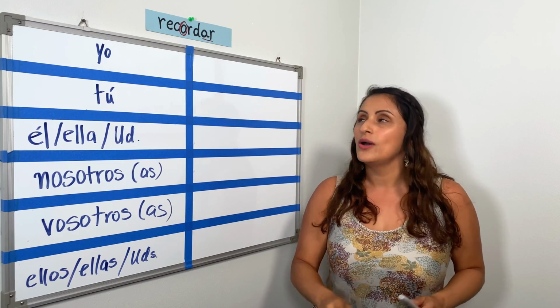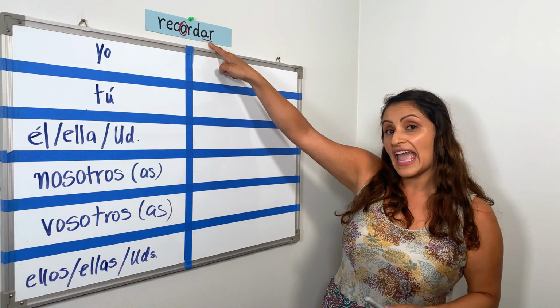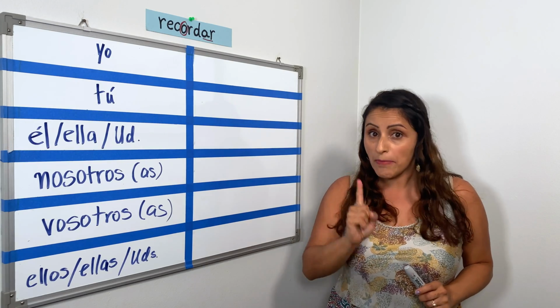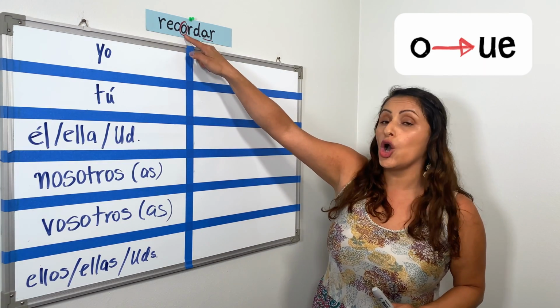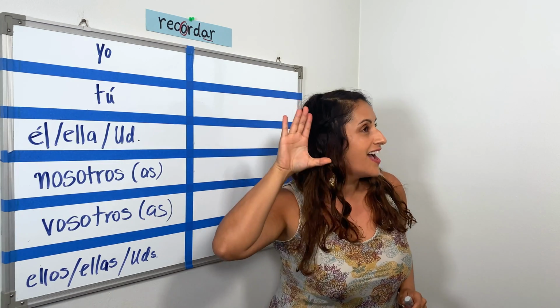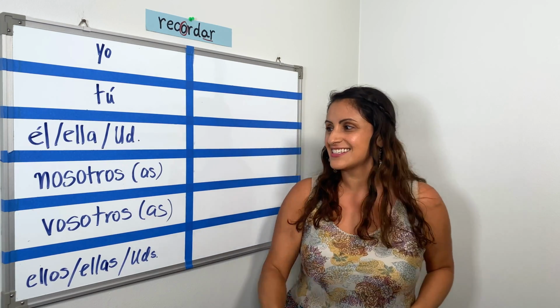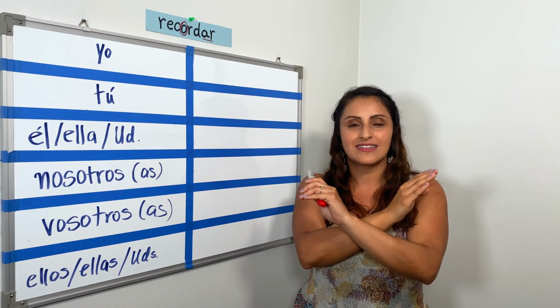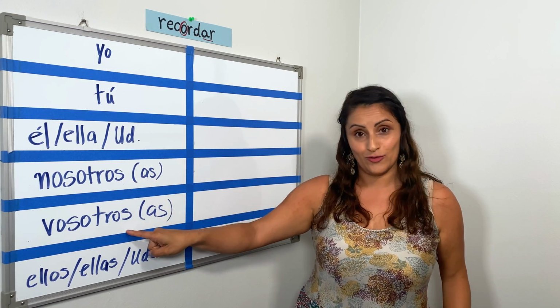So now you know that not only are we going to change the ending and continue to use our regular AR verb endings, but we're changing that O to a UE in all forms except for... That's right, nosotros and vosotros. We do not change the stem in nosotros and vosotros.